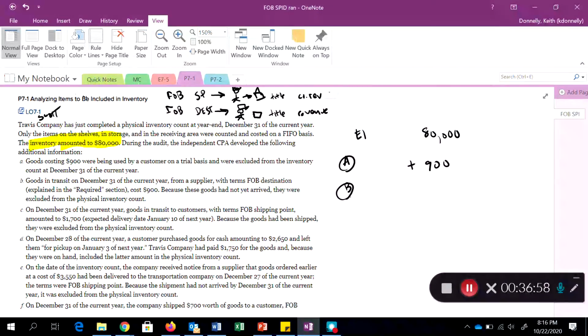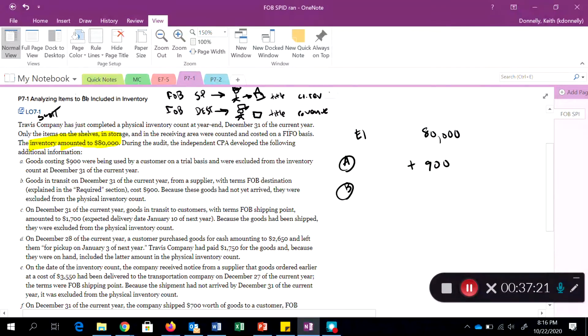So with this one, let's look at B here. Goods in transit, so we're dealing with shipping here, on December 31st of the current year from a supplier with terms FOB destination cost $900. Because these goods had not yet arrived, they were excluded from a physical inventory count.